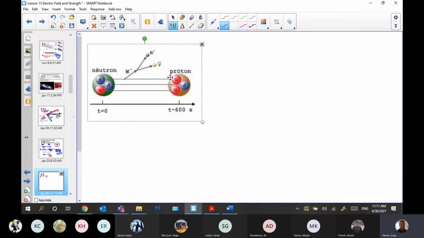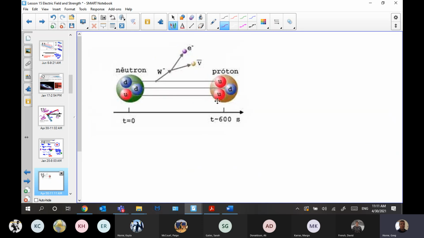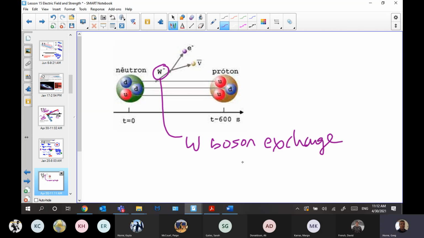They're radioactive, right? So that's related to that. But then there's your exchange particle here, the W boson, the exchange particle to do with the weak nuclear force. So that's the weak force interaction.